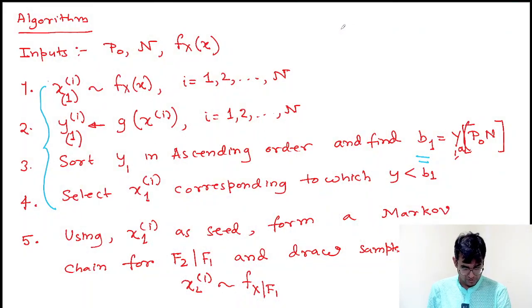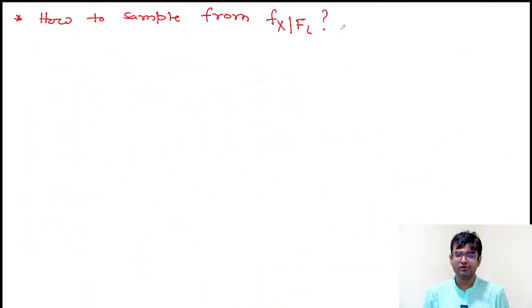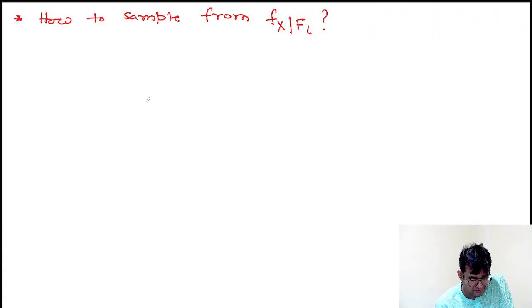It's clear? Okay. So if it is clear, let us proceed to how to sample from f PDF. Remember that PDF of x conditioned on that if I has already occurred, where I can be 1, 2, 3, 4, anything. Okay. So we'll talk about this later.